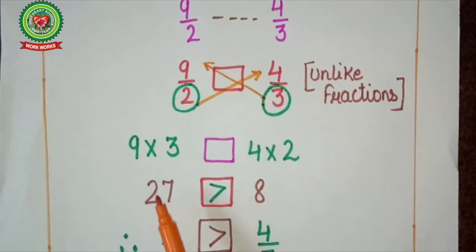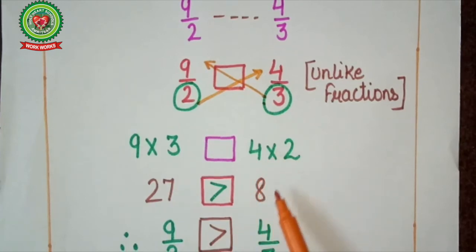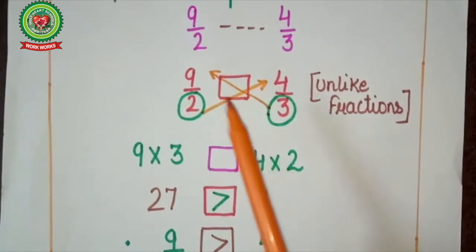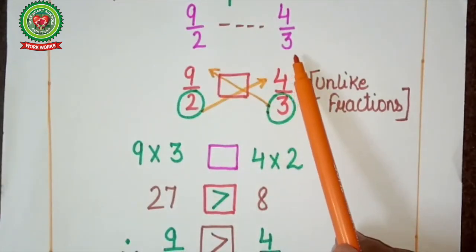So now multiply. 9 3s are 27 box 4 2s are 8. Now students, which number is bigger? Right. 27 is bigger than 8. That means the first fraction is bigger than the second fraction.